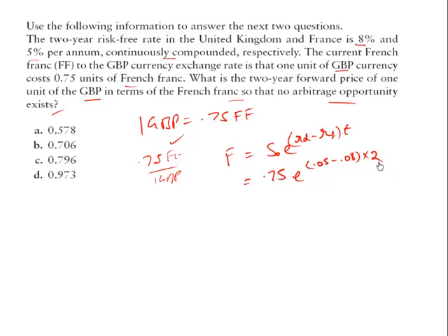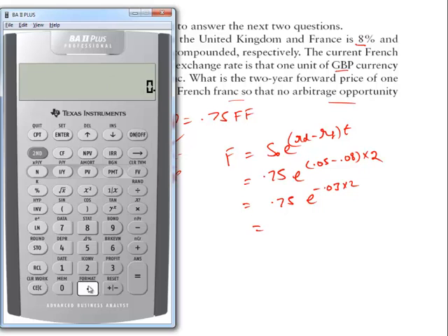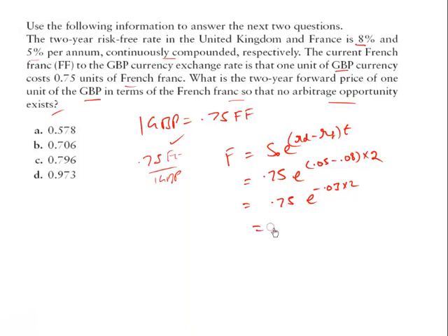So the fair forward rate will be 0.75 times e raised to the power minus 0.03 into 2, that is minus 0.06. Taking the exponential and multiplying by 0.75, that is 0.70632.